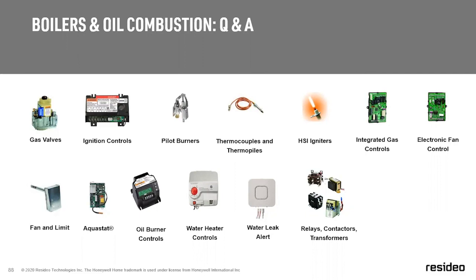Got another question. Can you use an alarm module with a dry contact? And the answer to that is yes. We do make a separate little module that simply wires to the terminals that Lou mentioned, the 1, 2, 3 terminals. You wire that into the control's low voltage wiring, and then there's a set of open dry contacts that you can go to a relay or something to set off an alarm or a light.